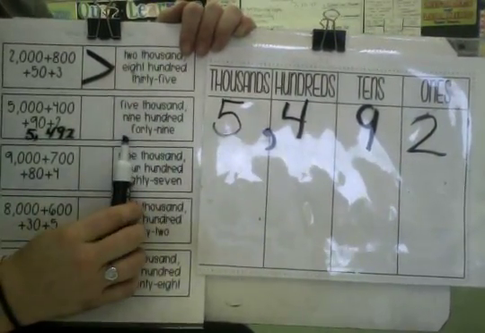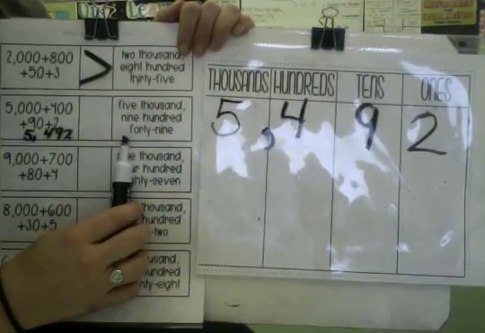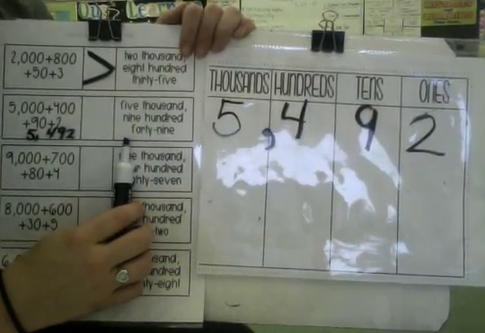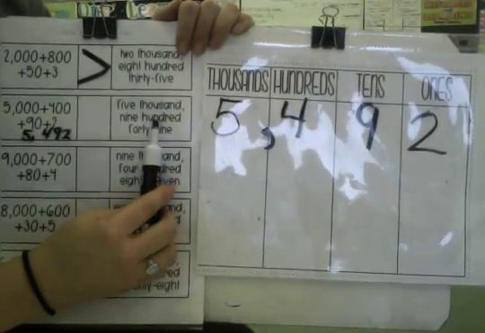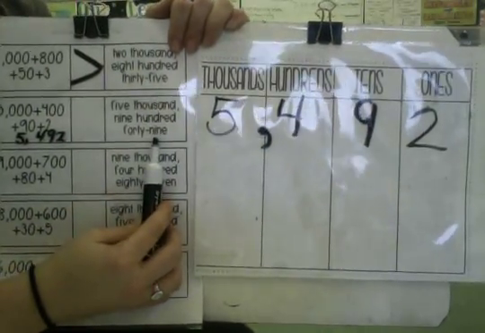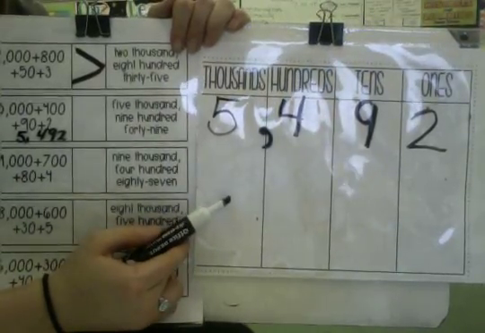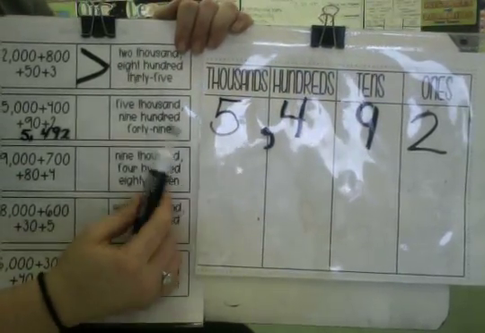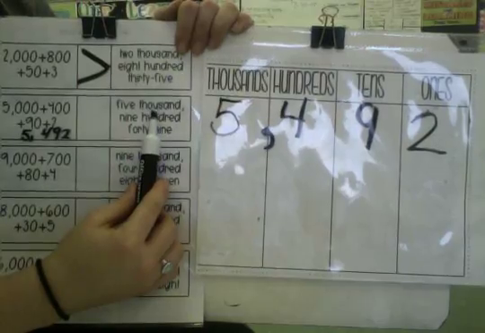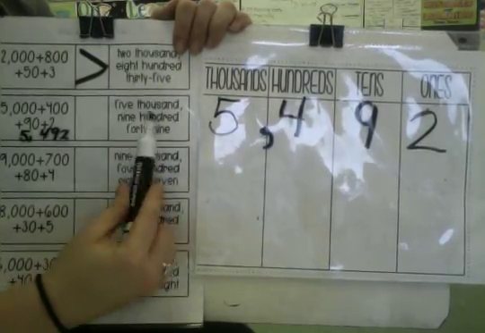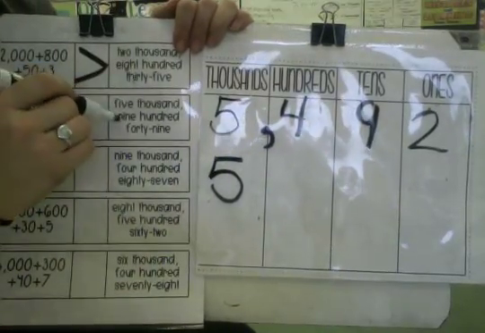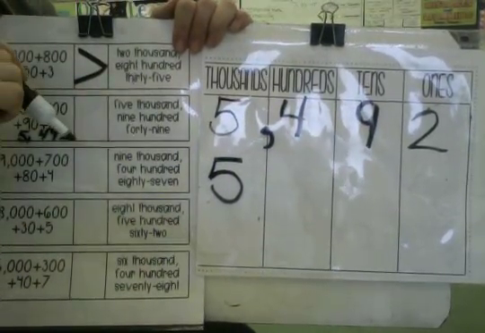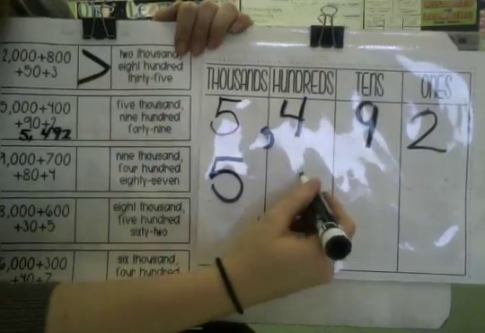So now let's go next door to our word form and think about what that really says. Let's read it together. 5,949. Well, let's use our place value chart to put that into standard form. 5,000. How many thousands? 5. Very good. 5,900. How many hundreds? 900.